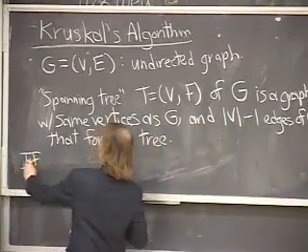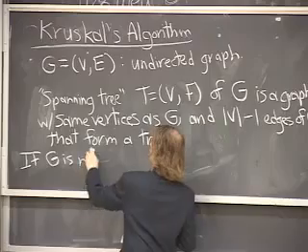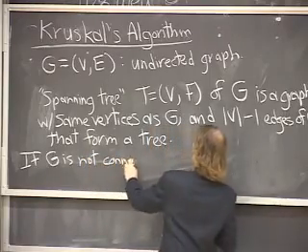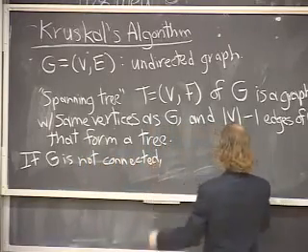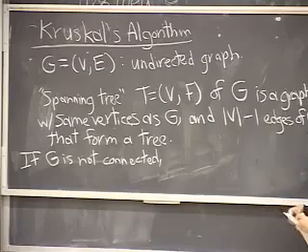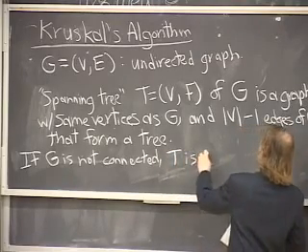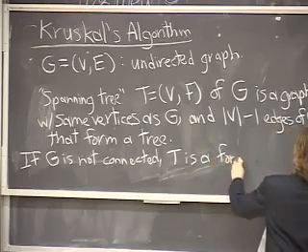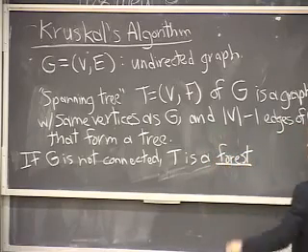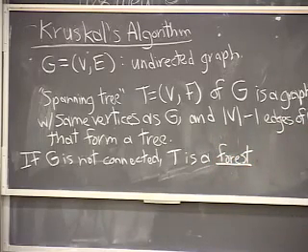So if G is not connected, then T is not actually a tree, because it can't be. T is actually a bunch of trees. And a set of trees that are disconnected from each other is called a forest.